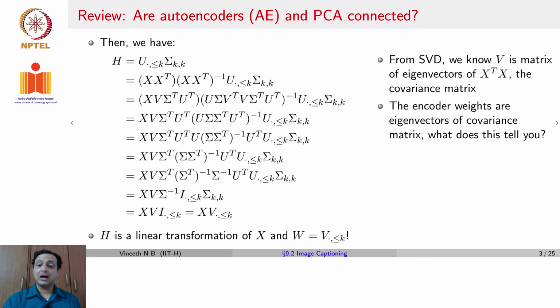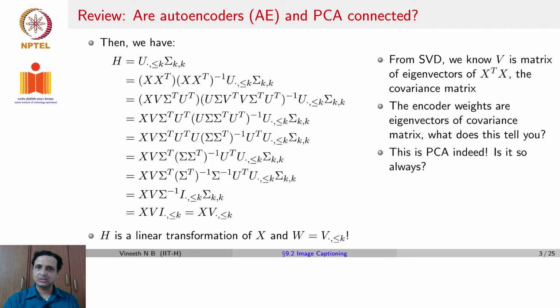So, which means our encoder weights, which are given by V, are the eigenvectors of the covariance matrix. What does this tell you? It should remind you of PCA, where the projection matrix are the eigenvectors of the covariance matrix.